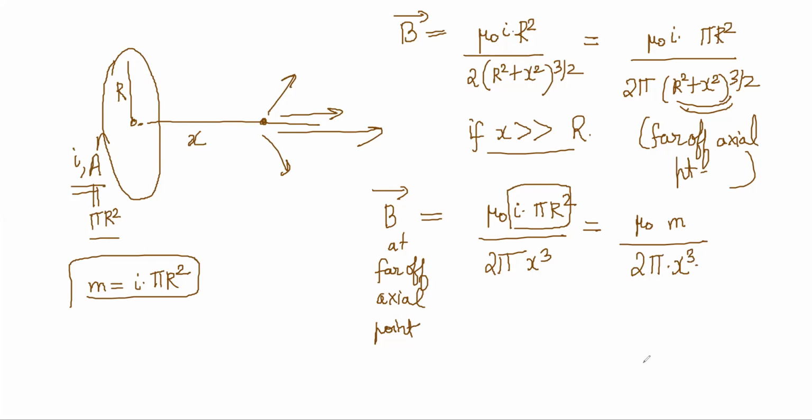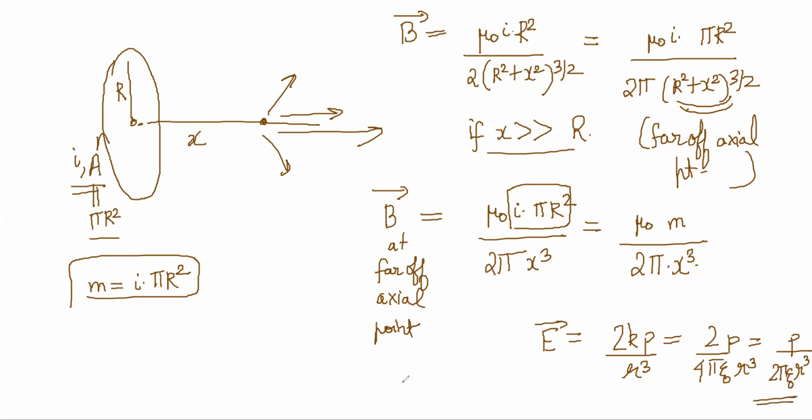Now, the earlier dipole formula, what was it that we got just now? 2kp by r cube, right? And k was 1 by 4 pi e naught, right? So 2 into p by 4 pi e naught r cube, so p by 2 pi e naught r cube, right?